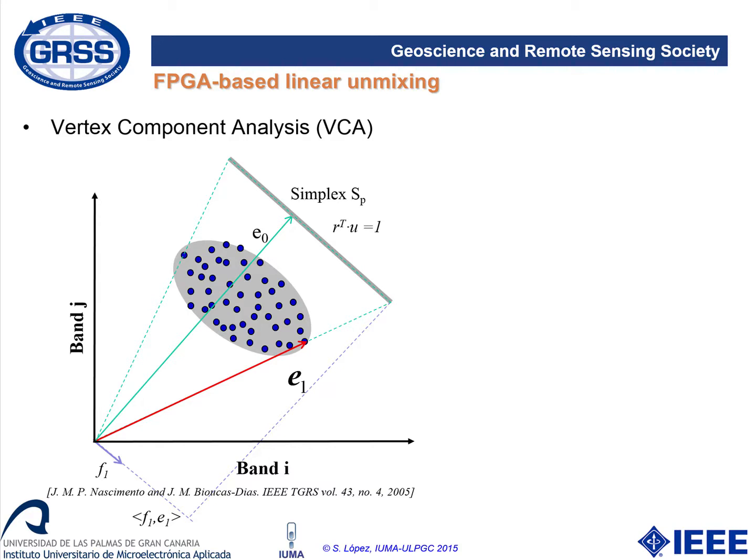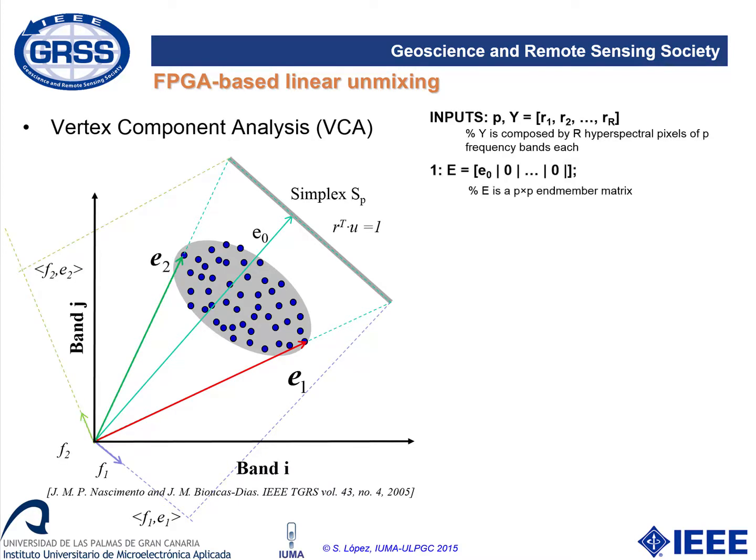So this pixel becomes our first endmember E1, and then we repeat the process in the sense that we get a vector that is orthogonal to this endmember E1, and then we project the image again onto the direction signaled by this new vector, and then we get the pixel with the maximum projection onto this direction, which gives us the second endmember, and we continue with the process in the sense that we always do the same.